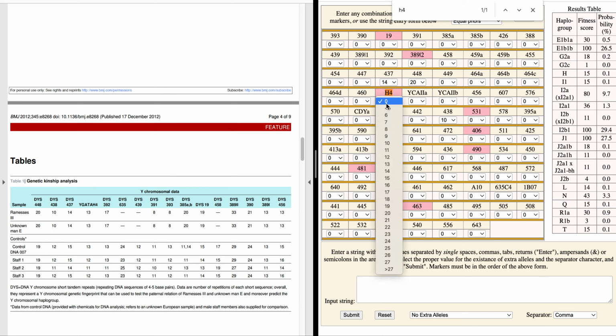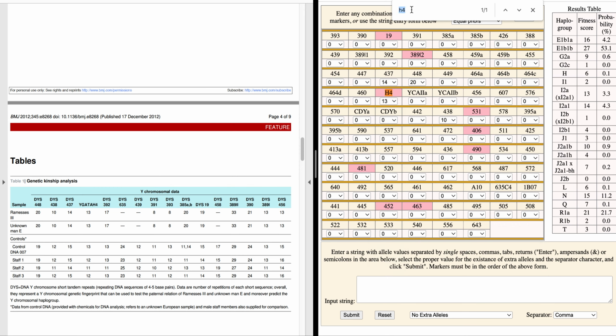H4 we have 13. 392 we have 17. 391 we have 8. 393 we have 8. 385, we have 20, 20, so that's 385 a and b. 19 we have 19.